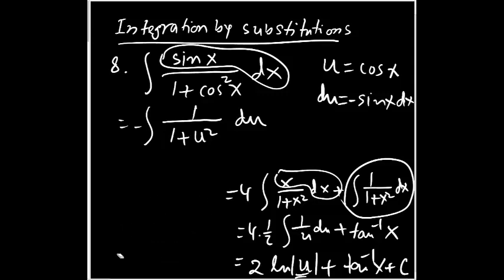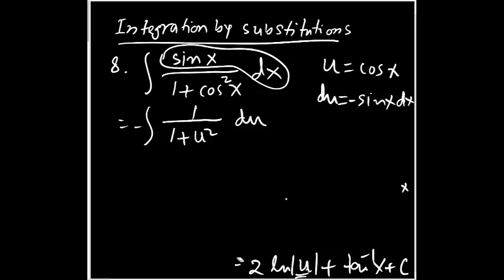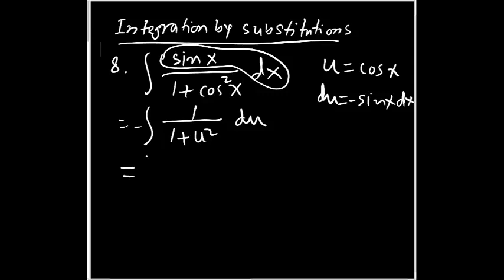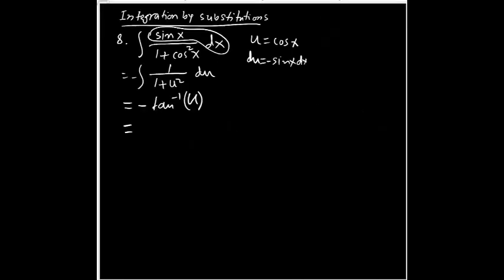And when I have converted this one to 1 plus u squared in the denominator, we know that this is the function tan inverse u. So then when you substitute your u by cosine x, it will look like negative tan inverse cosine x plus constant, and we are done. Thank you. We'll go to the next example now.